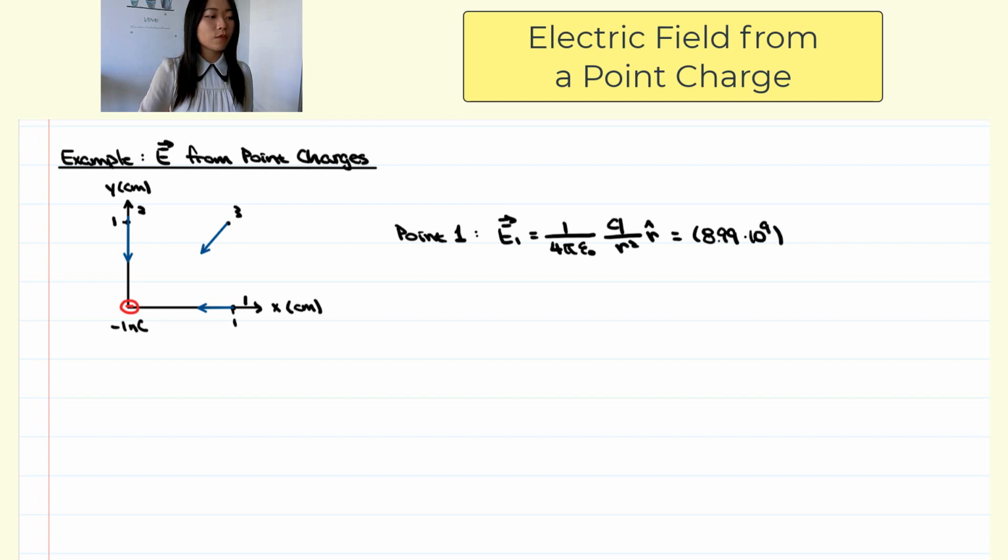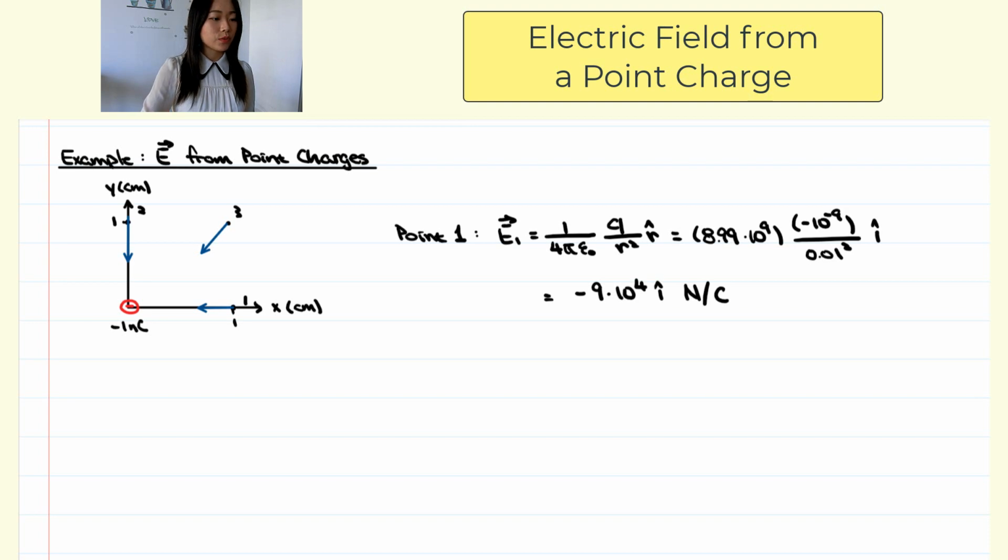And the charge is negative 1 nanocoulomb, which is negative 10 to the power of negative 9 coulombs. And the distance is 1 centimeter, so the denominator is 0.01 squared. And r hat is the unit vector pointing from the source charge to point 1, that is in the positive x direction, so it's i hat. And we get negative 9 times 10 to the power of 4, so it's pointing in the negative x direction. And the unit is newtons per coulomb.